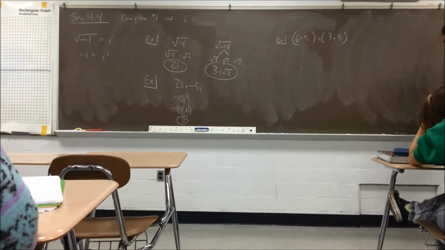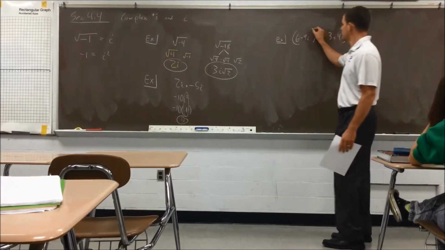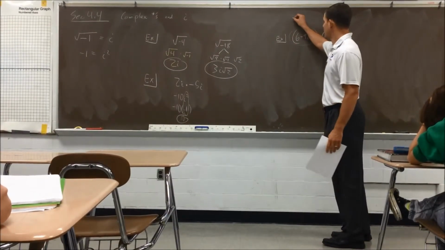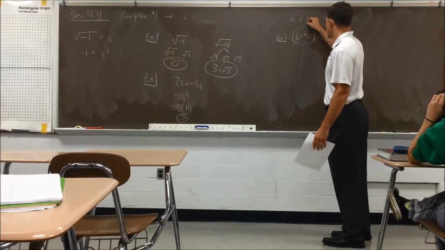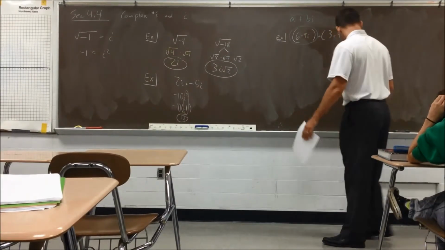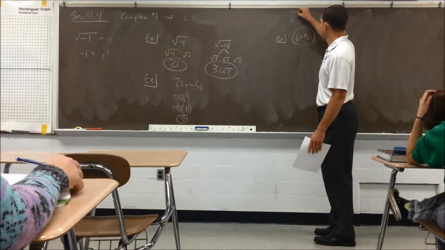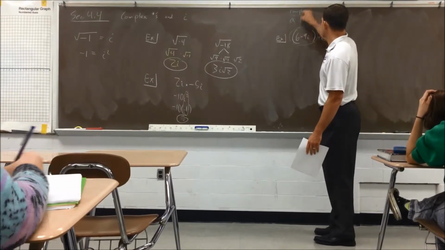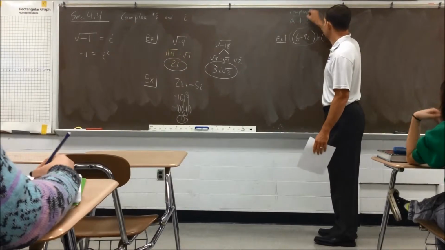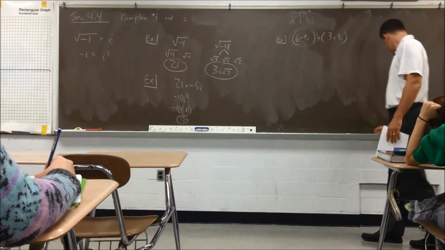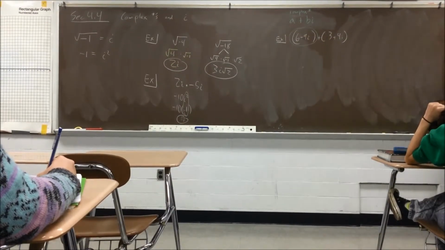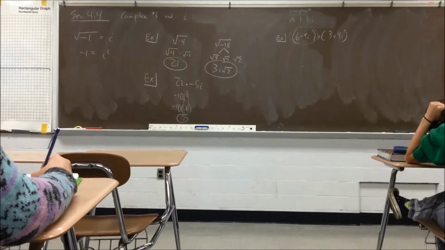Any number written like this, a plus bi, that's called a complex number. So we're adding 2 complex numbers here.